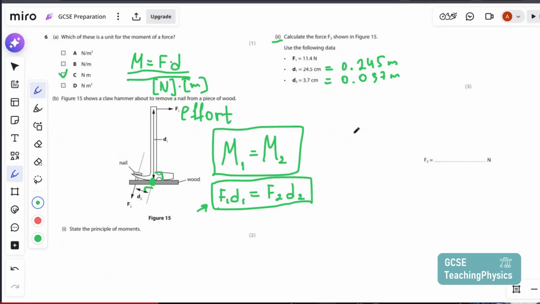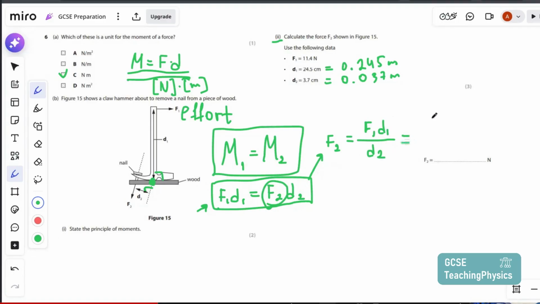So now we should rearrange this to calculate F2. I'm giving you a moment to think about it. How do we rearrange this? We should take this and put it at the top, in the numerator, and the distance that goes next to F2 goes to the denominator.